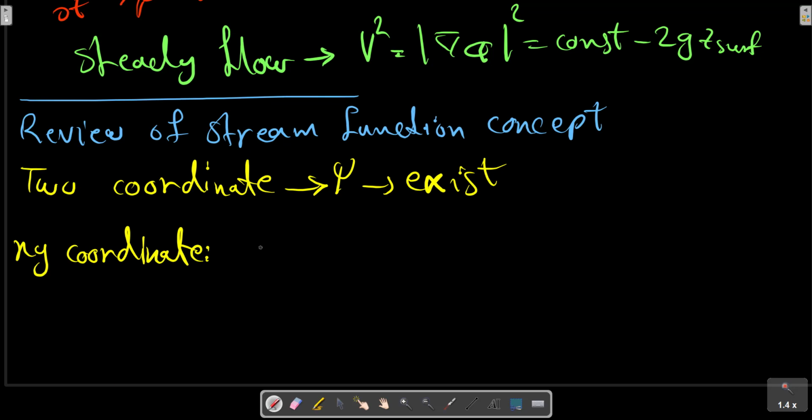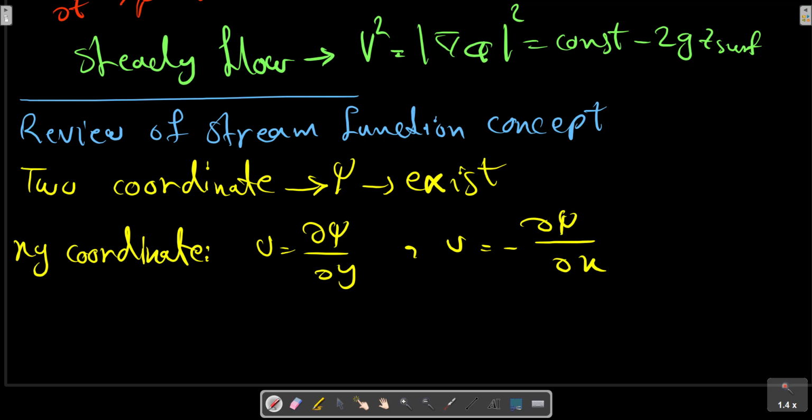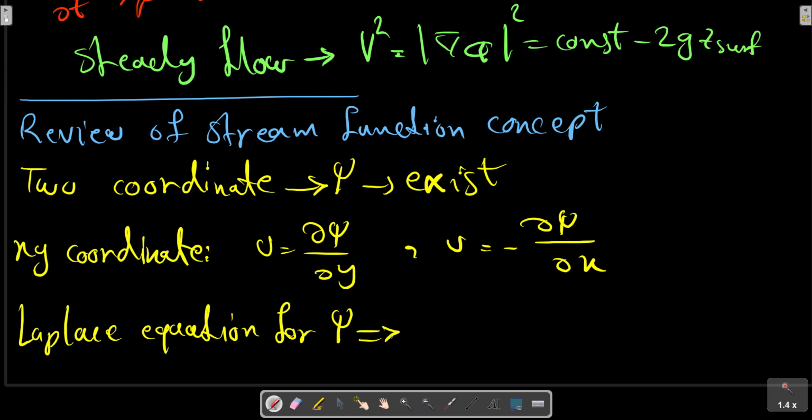We have u and v, and the condition of irrotationality reduces to the Laplace equation for psi. This condition gives us this relation.